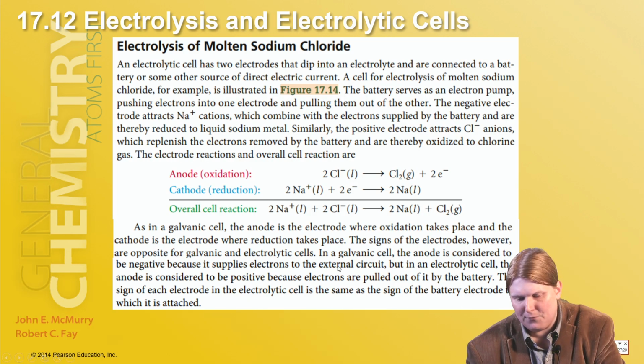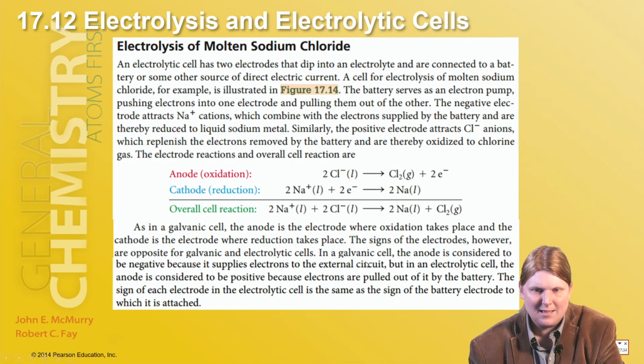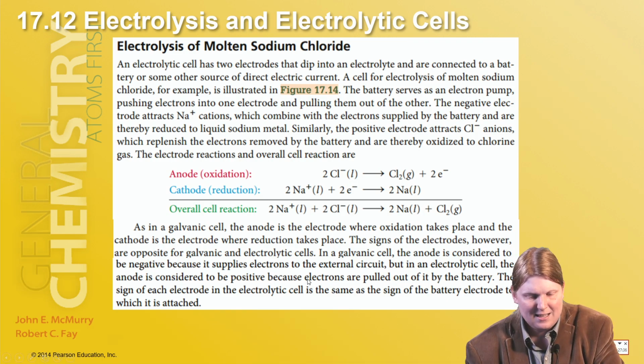This can be very confusing, and not everything follows this nice convention as illustrated in the text, but you should make a note of it as the typical way things are done, because the sign of the electrode in the cell is the same as the sign of the battery to which it's connected. So they connect the battery, the booster, to it, and that's how they base these signs, on the sign that the wire has to be held at by the external source.